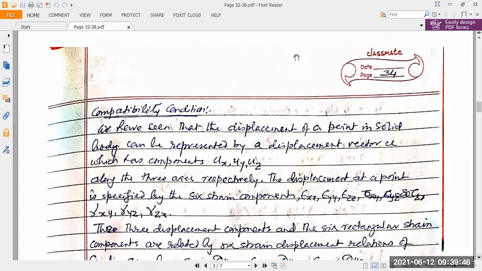This is the displacement vector of the point, but the displacement at a point is specified by strain components again. What are epsilon xx, epsilon yy, epsilon zz, gamma xy, gamma yz, gamma zx?